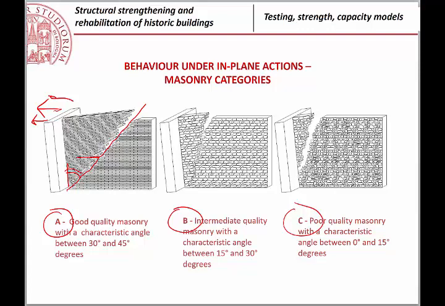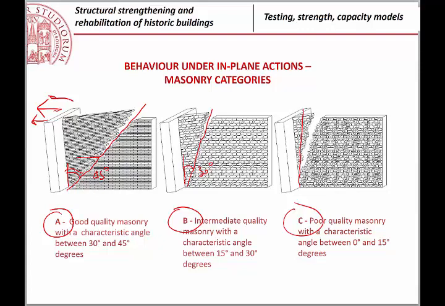It can be up to 45 degrees. If you have an intermediate quality of masonry, this angle can be smaller. For example, I can say 30 degrees. If you have a very poor quality masonry, it can be closer to 0.